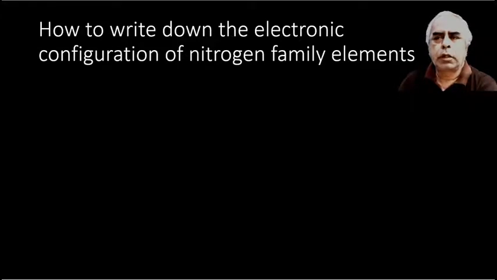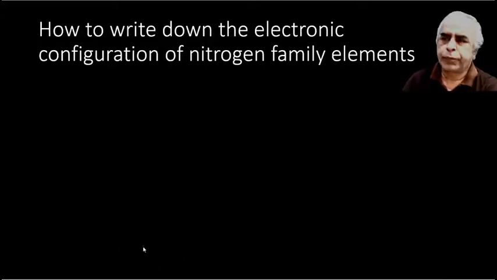In today's tutorial, I'll be discussing how to write down the electronic configuration of nitrogen family elements. Let us discuss. Nitrogen is the first member of the family, and second we have phosphorus.